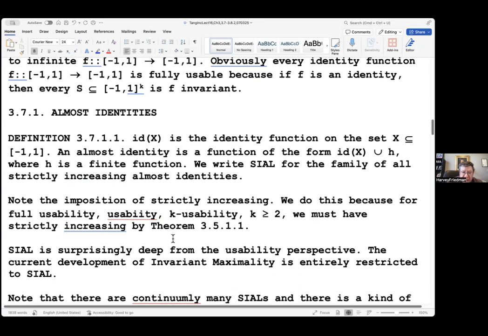And we write psi L for the family of all strictly increasing almost identities. Now, if you remember, we proved some time ago that in this subject, the only functions that are usable are strictly increasing. So we only really care about the strictly increasing functions. So hence psi L, strictly increasing almost identity.